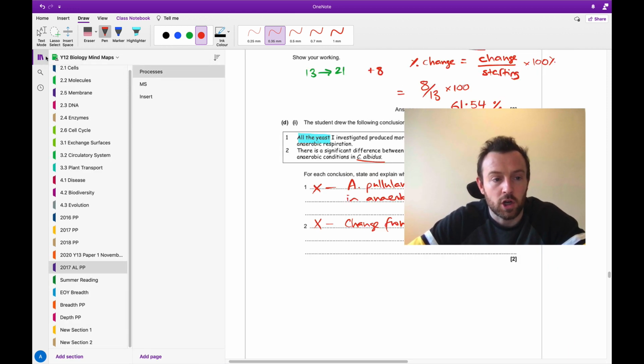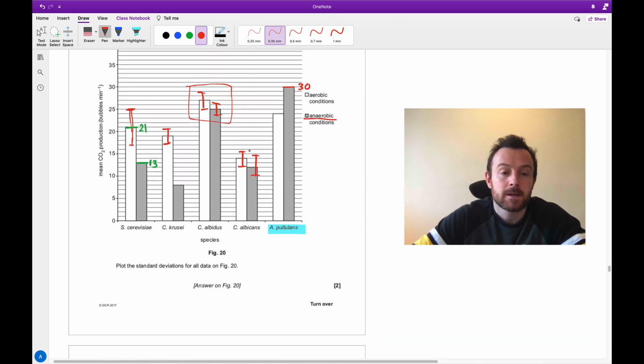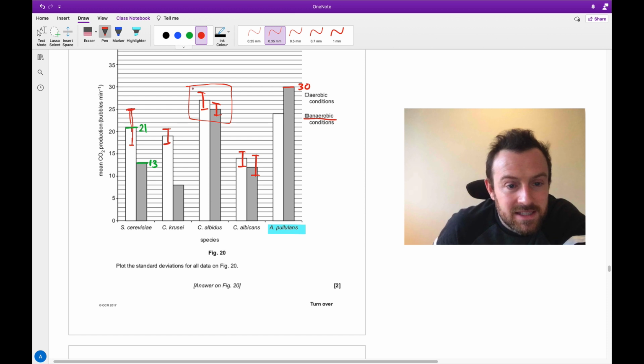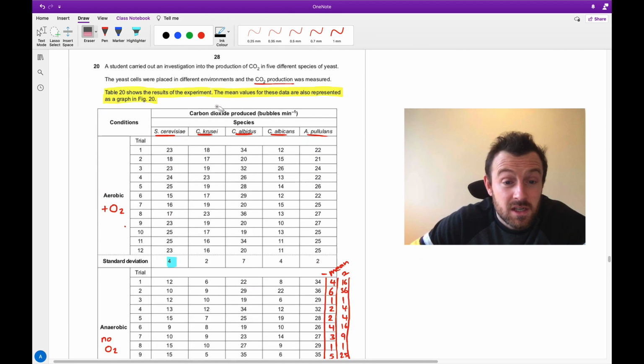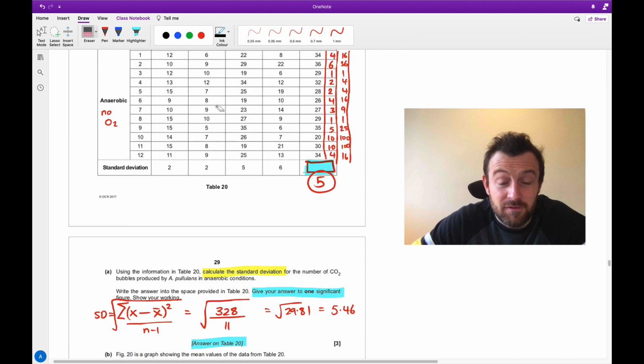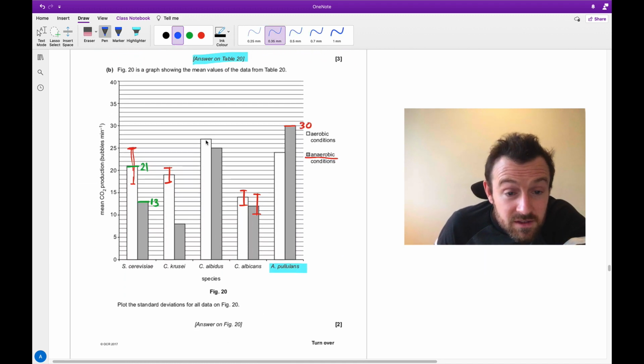So what it would look like when you've plotted your error bars, let's add that on there. I've kind of sort of estimated it here. So let me just draw them properly. What are the error bars for C. albidus? We've got a 7 and a 5. Okay, so that's quite severe. So 7 is going to be 1, 2, 3, 4, 5, 6, 7.